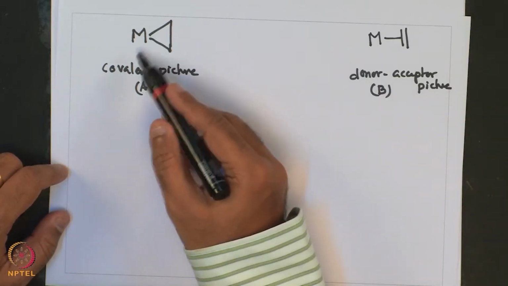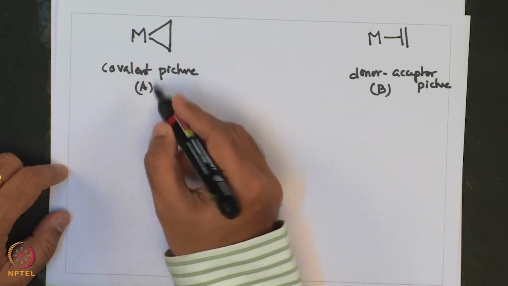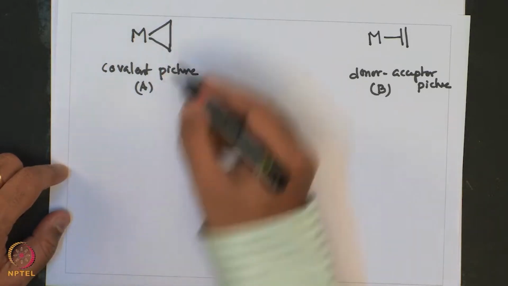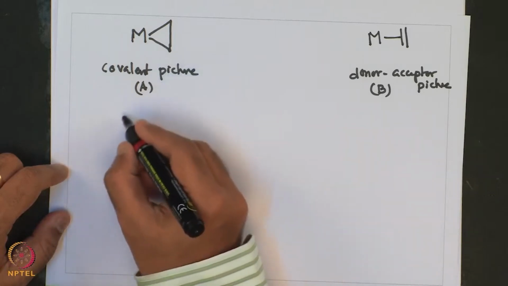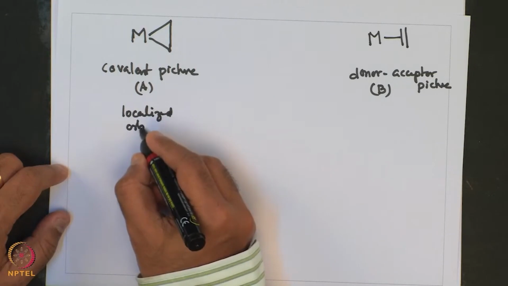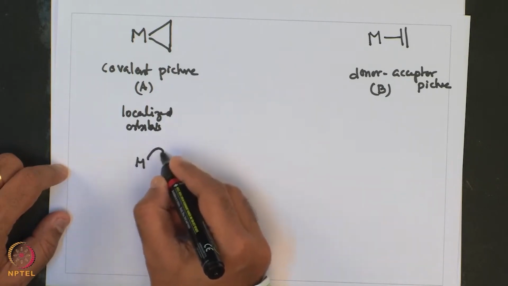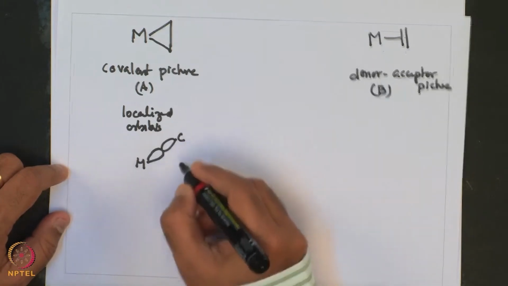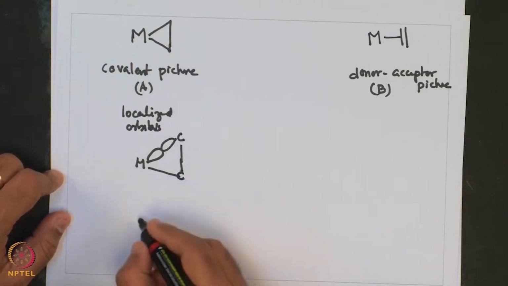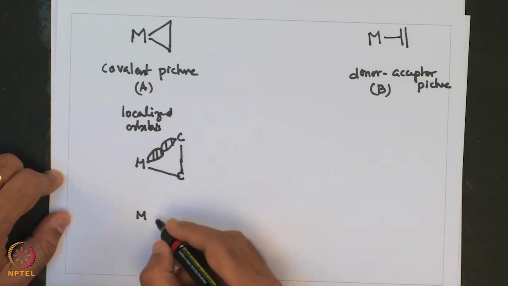Now, one can see that in these there are 2 localized single bonds between the metal and the carbon, and they can be represented as localized orbitals, and they can be represented something like this, and the other bond can be given as this.